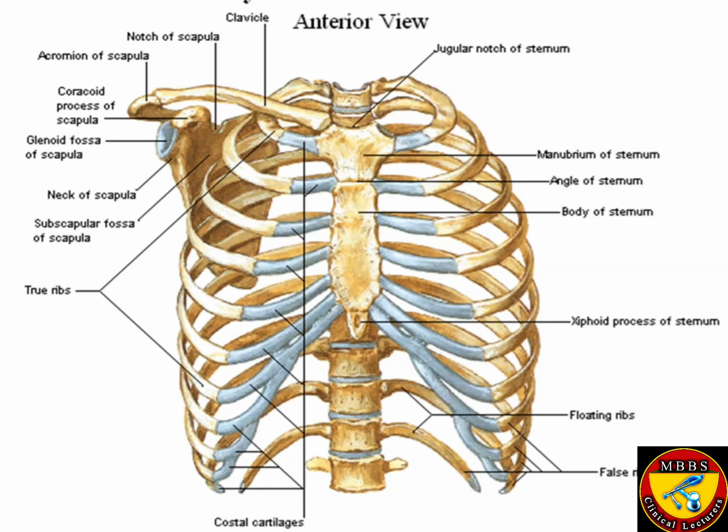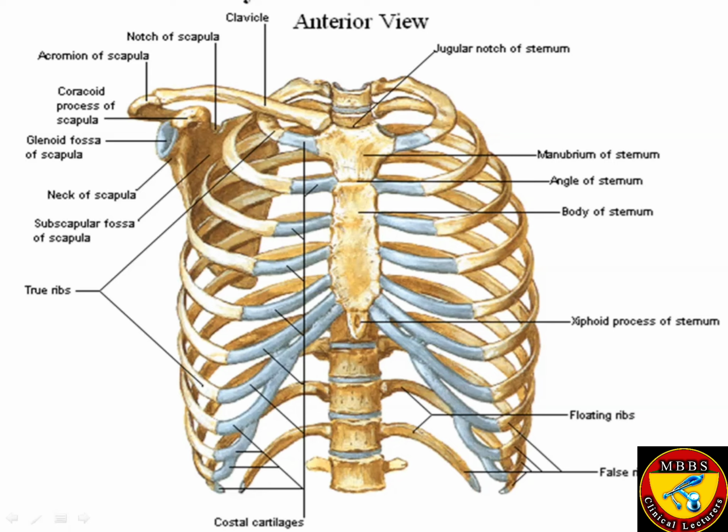Now, this is an anterior view of the human skeleton. This is a thoracic cage which is formed by different bones, sternum, ribs, and on the posterolateral part of the thoracic cage, you can find a triangular bone. This triangular bone is called scapula.